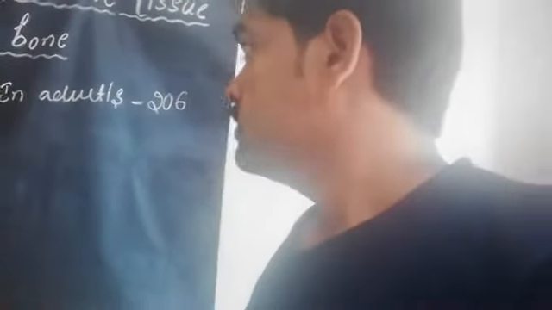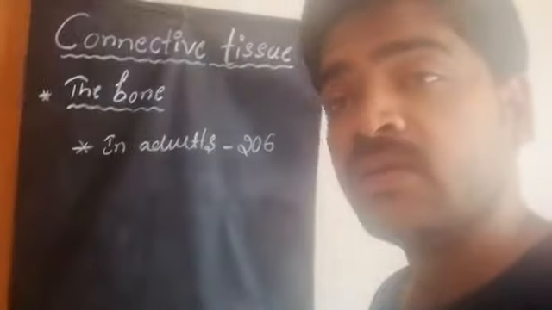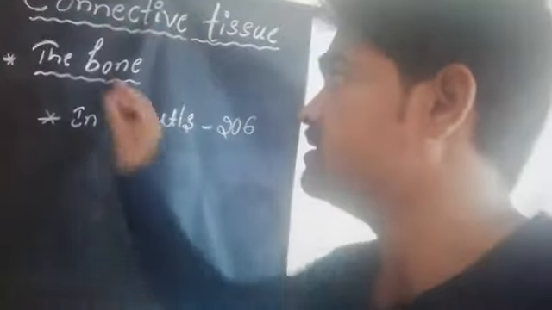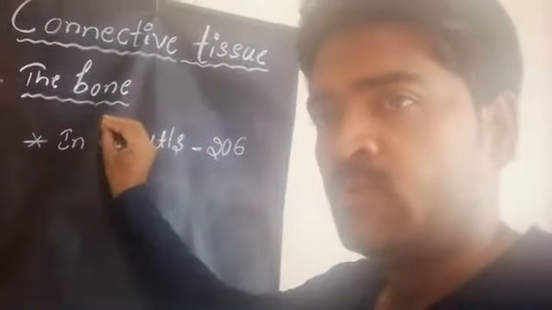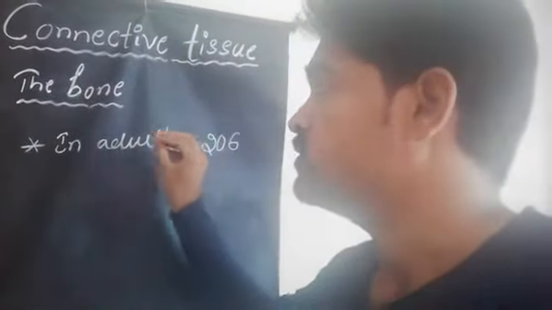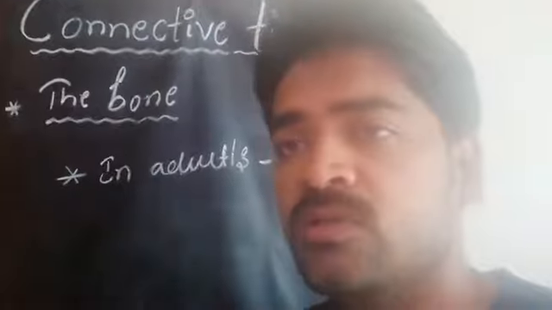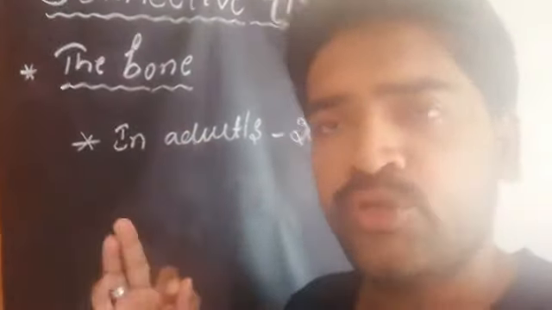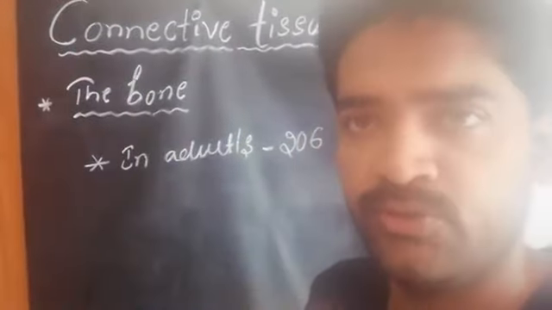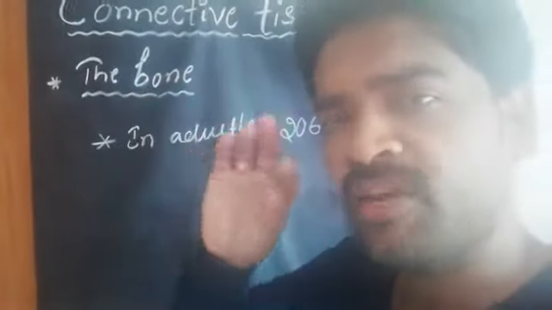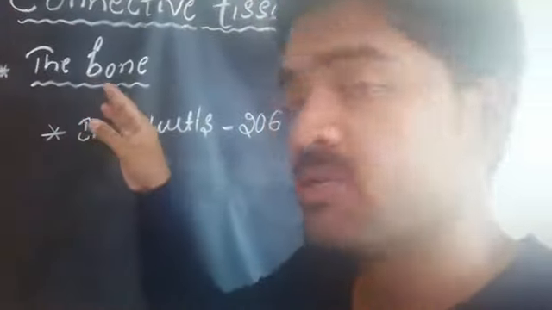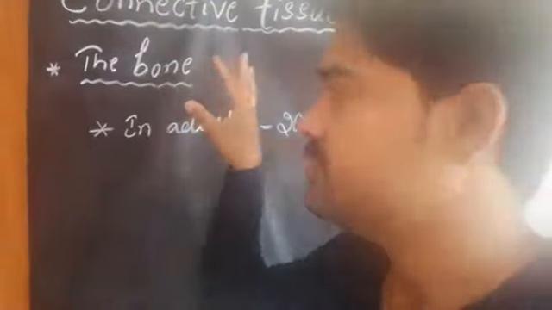This bone is made of a compact kind of tissue, that is the compact bone. The cells themselves are called compact bone cells. This bone tissue is actually a very strong and non-flexible tissue, and many muscles are also attached to this bone tissue.